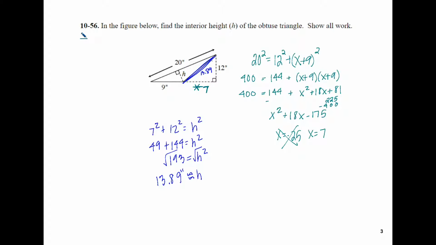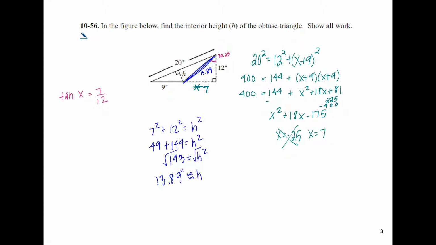We can find the angle right here by using some inverse trig, and we can take the opposite over the adjacent side, so the tangent of our angle, by taking 7 over 12 and using the inverse tangent button. And it tells us that the angle is approximately 30.25 degrees.